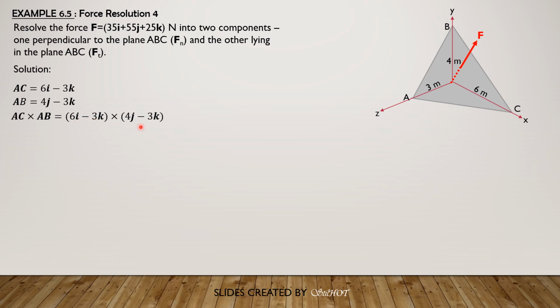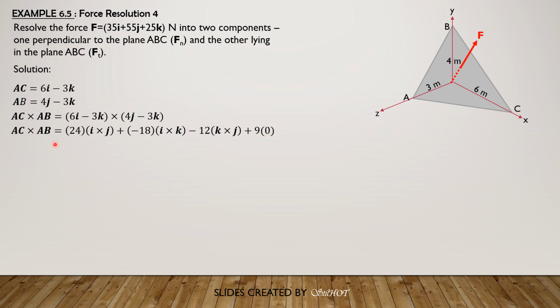So we have 6 times 4, 24, i cross j. Then negative 18, i cross k. Then negative 12, k cross j. Then 9, k cross k is 0.